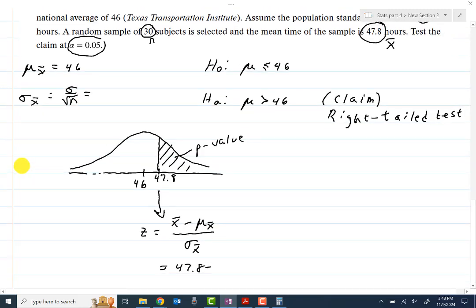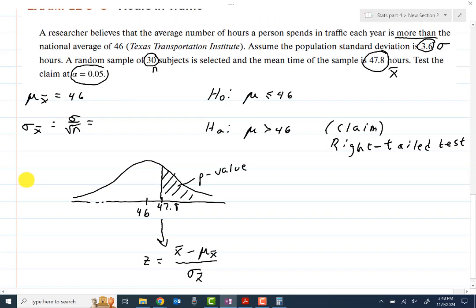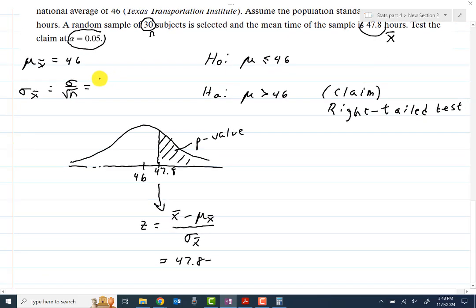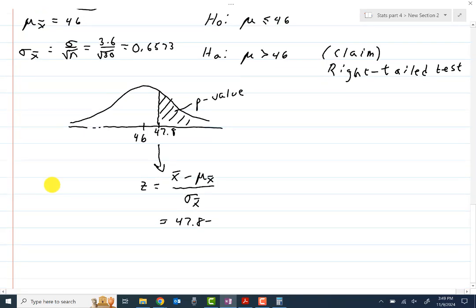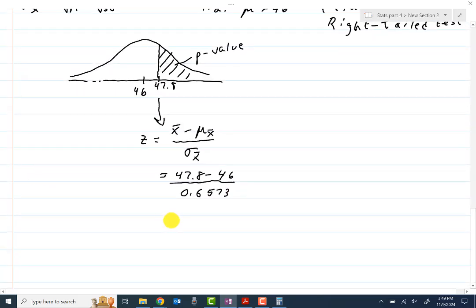It's 3.6. So I'll just go to 4 decimal places. Make sure you round this to 2 decimal places, 2.74.